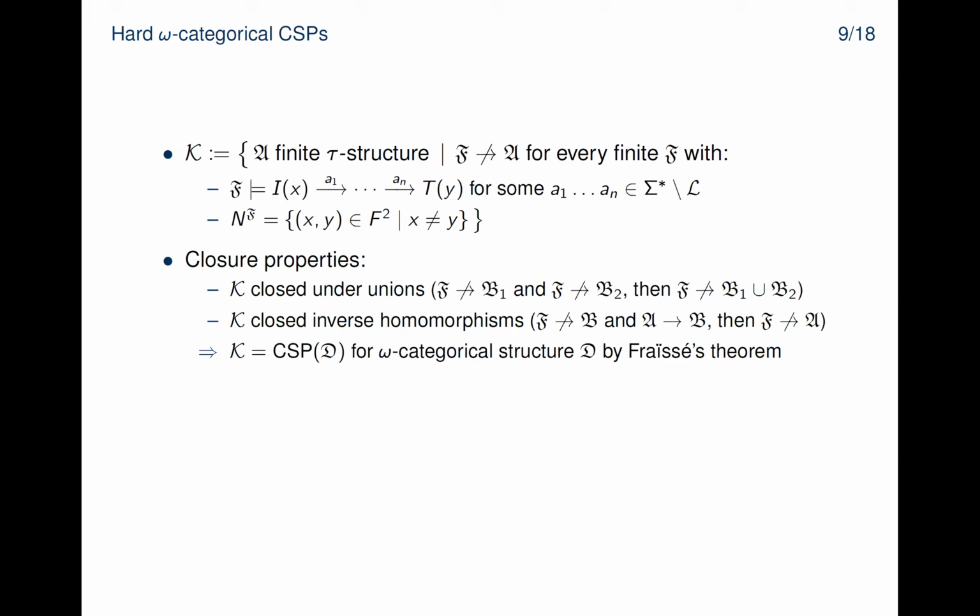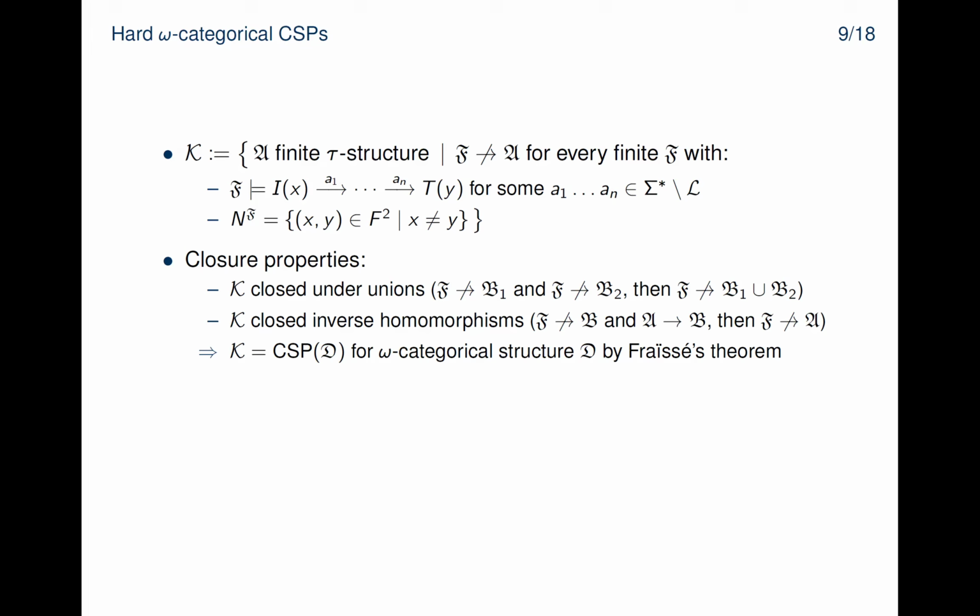It's like a complete graph. And now if we take the union of two structures, then for any pair of vertices which come from one structure and from the other structure, but are not in the intersection, there will not be any N relation between them, so we cannot map F into the union unless we already map it to one of the two structures.